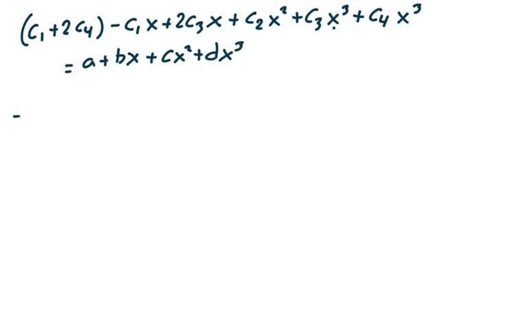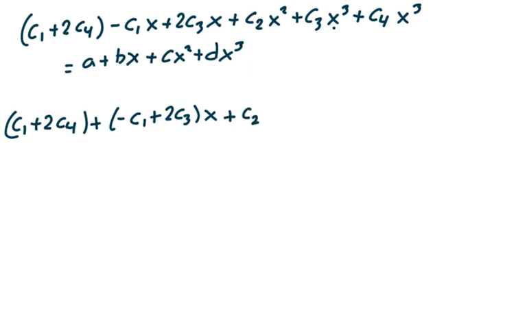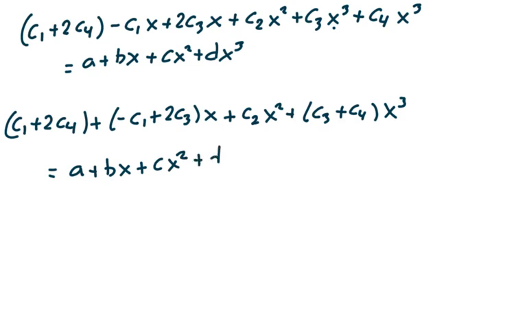Now, this says c1 plus 2c4, plus negative c1 plus 2c3 times x, plus c2x squared, plus c3 plus c4 times x cubed, equal to a plus bx plus cx squared plus dx cubed.